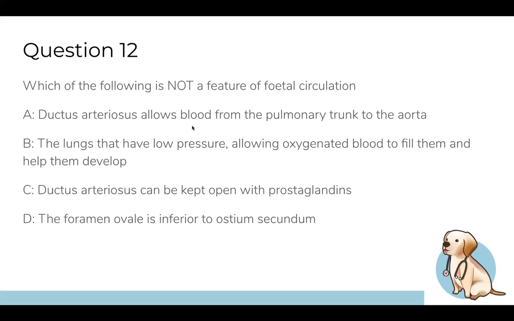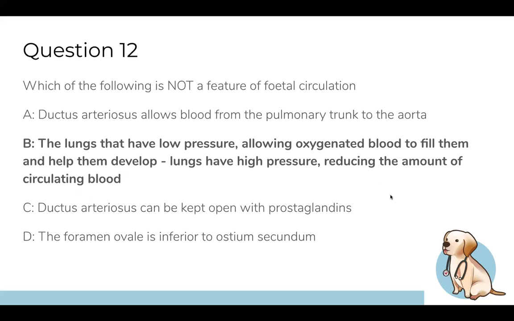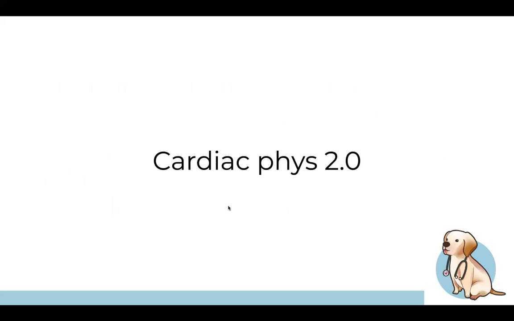Okay, fair enough. So you don't need blood to fill up the lungs entirely to help them develop. The lungs actually have high pressure, and that reduces the amount of circulating blood. But the ductus arteriosus does allow blood from the pulmonary trunk to the aorta. It can be kept open with prostaglandins. And the foramen ovale is lower than the ostium secundum, so that it can close up like that.